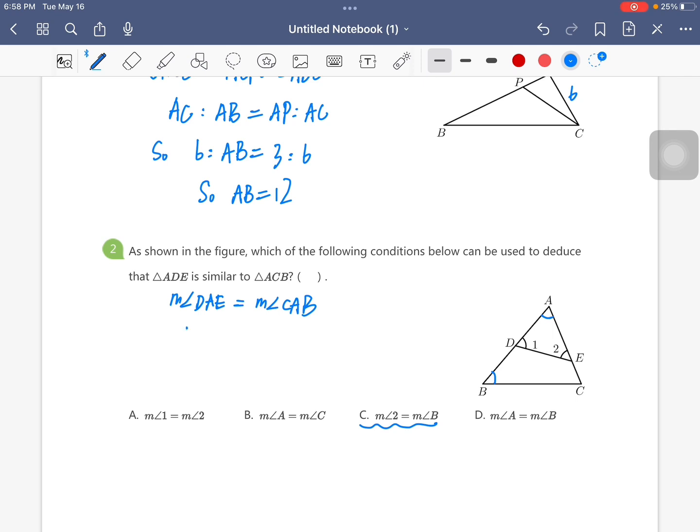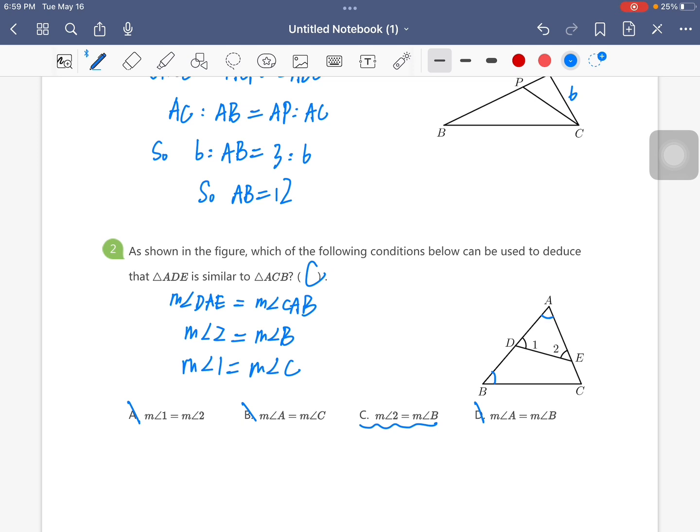With angle 2 equals angle B, we can know that these 2 triangles are similar to each other. We could also have angle 1 equals angle C, but there is no such choice, so the only correct one would be C.